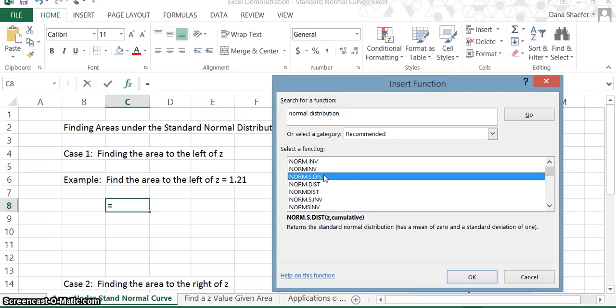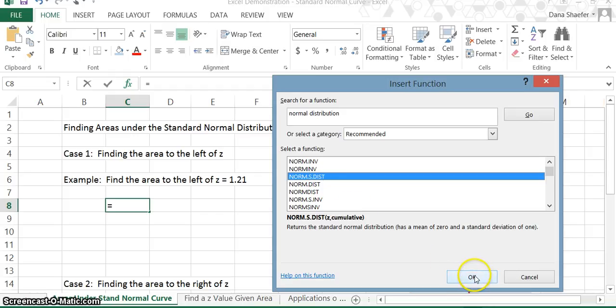Because this is a standard normal curve, that's the function I want to pick as far as this problem is concerned. It returns the standard normal distribution where it has a mean of 0 and a standard deviation of 1, given that we're going to put in a z-value.